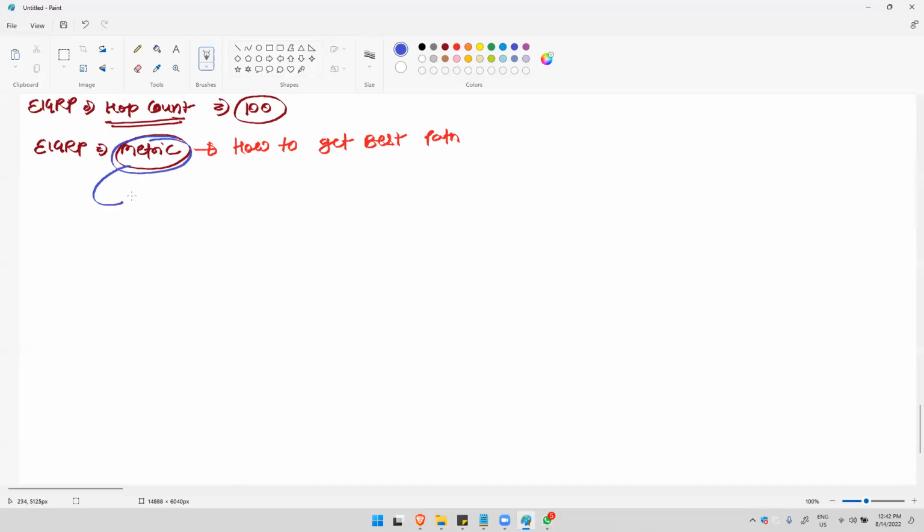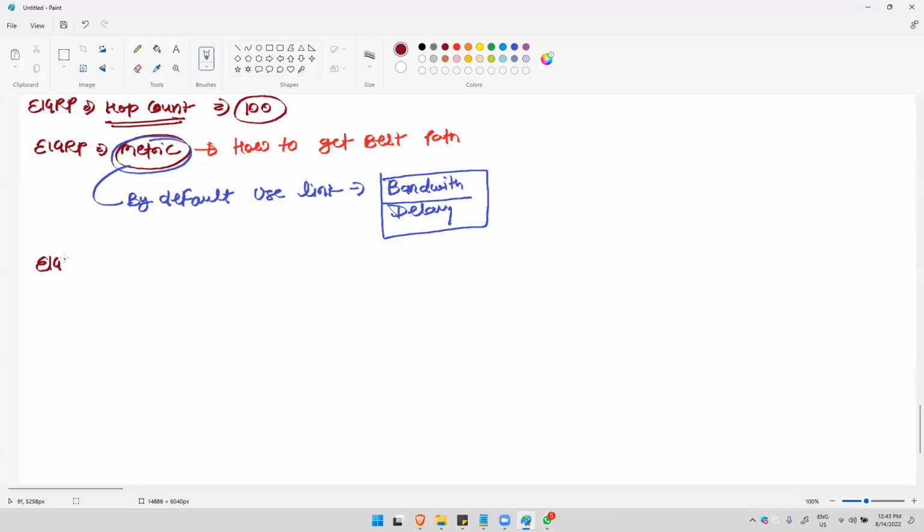So the EIGRP metric by default uses link bandwidth and which one information? Delay. Clear? Now EIGRP, in EIGRP we are getting which values? K values.